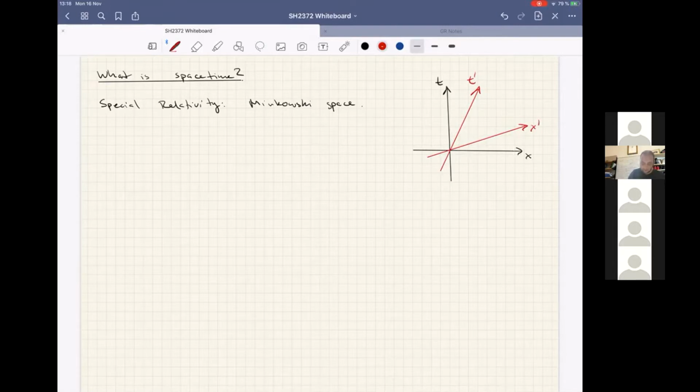So this is a four-dimensional affine space, and the difference between Minkowski space and Euclidean space is that Minkowski space has a pseudo metric. And it's of signature 1, 3, rather than the metric of Euclidean space.